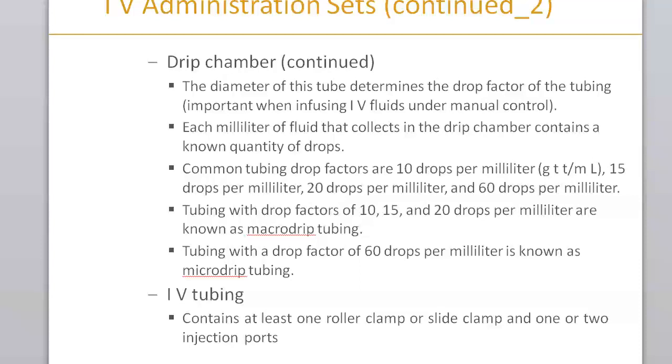And some of the common ones, just like I said, are 10 drops per milliliter, 15 drops, 20 drops, and 60 drops. Tubing with drop factors of 10, 15, and 20 drops are known as macro drops because they drop bigger drops, and tubing with a drop factor of 60 drops is known as a micro tubing. And then your IV tubing contains at least one roller clamp or slide clamp and 1 or 2 injection ports.